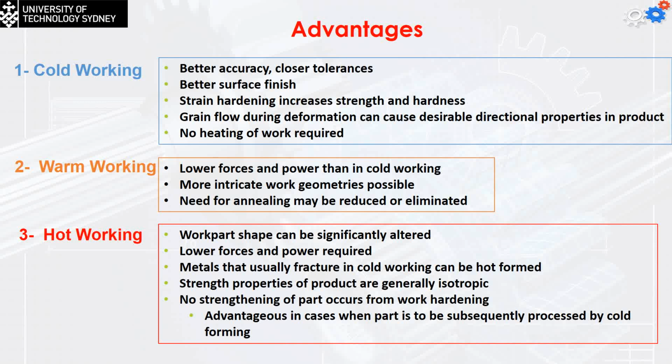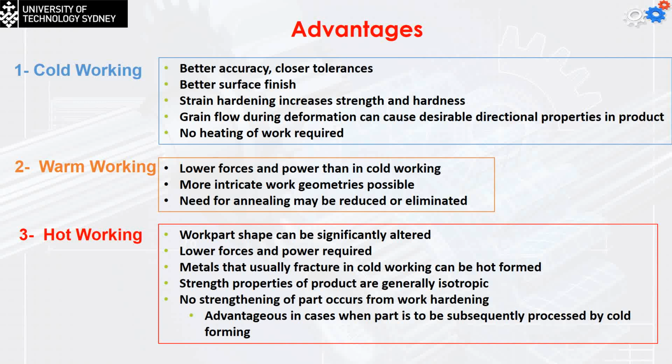It's going to give better surface finish, because when you heat the part, you generate a crust on the top, and this will not happen in cold working. Strain hardening will increase the strength and hardness of the metal. The grain flow during the deformation can cause desirable directional properties in the products, and no heating of the work is required, which makes it a more economical process.